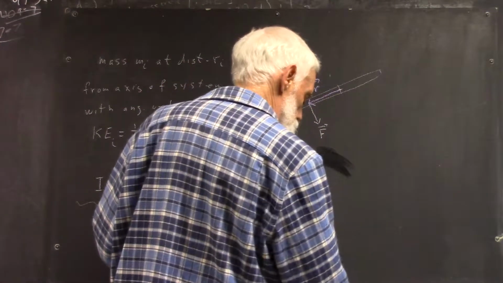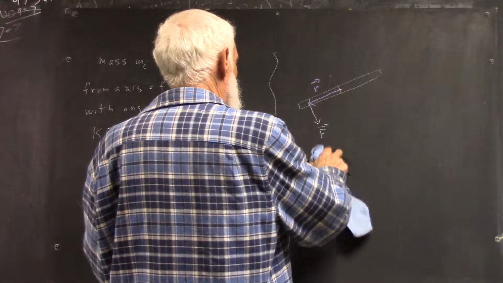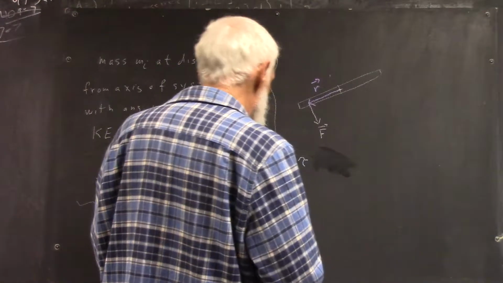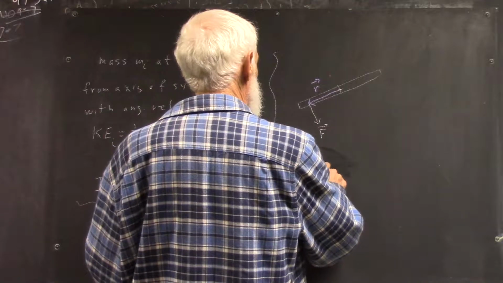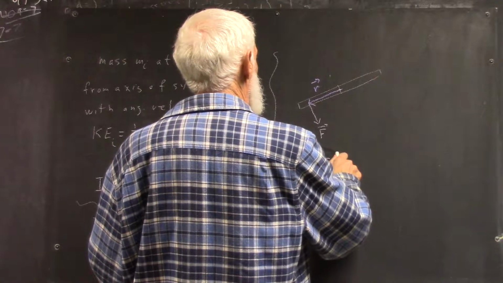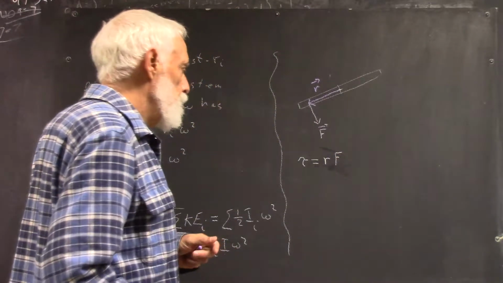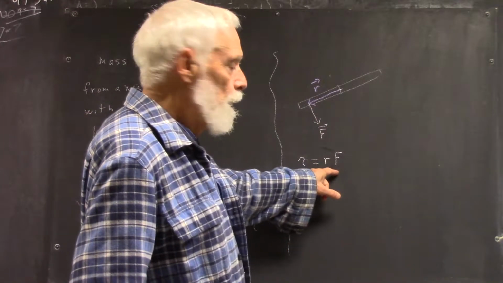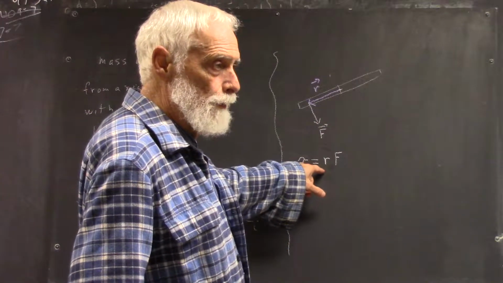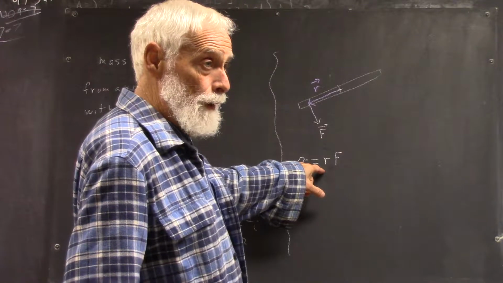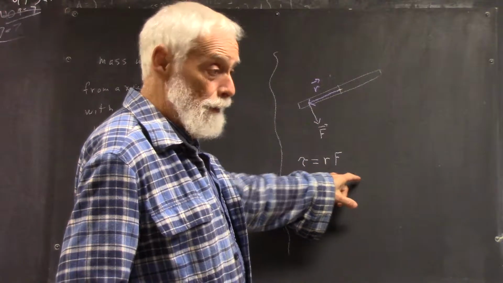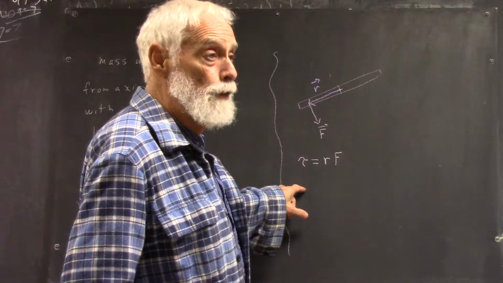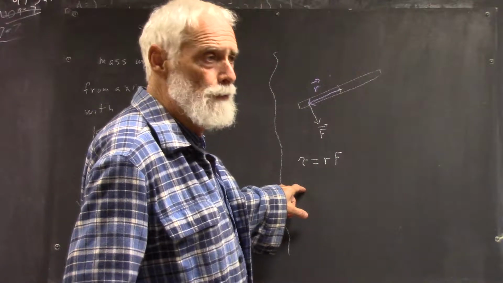It wouldn't have been incorrect if I'd written FR, but I want to write RF, because the SI units of F are newtons and the SI units of R are meters. If I write FR, then the torque is in units of newton meters, which is like joules.